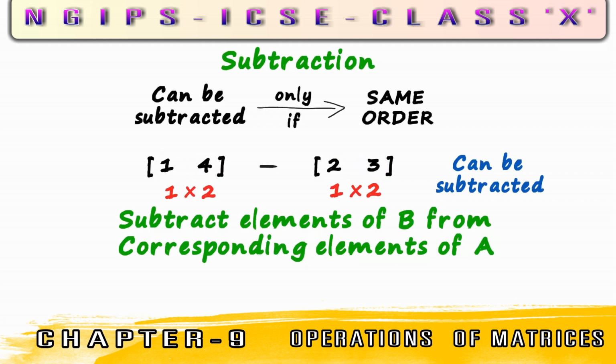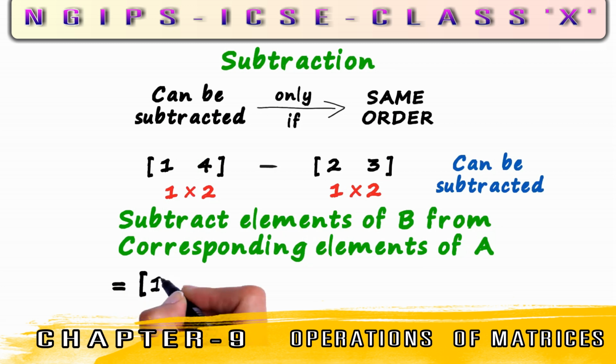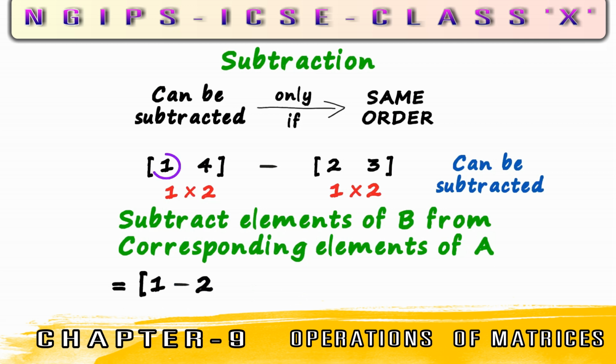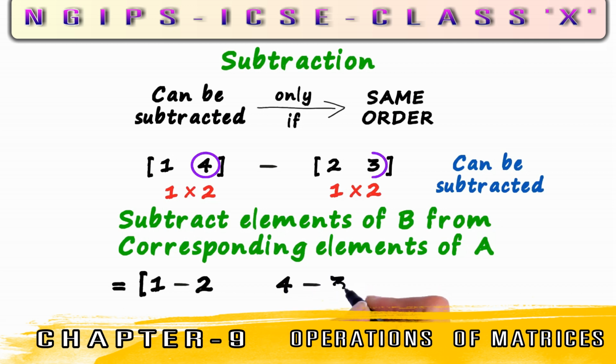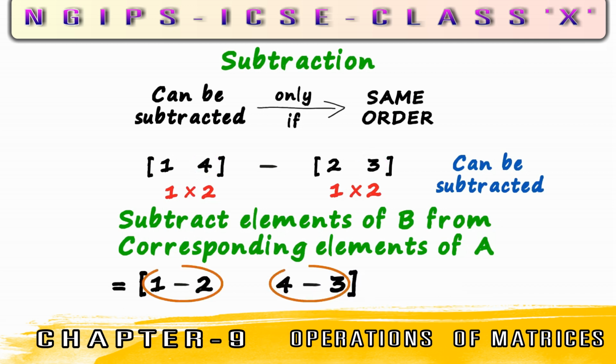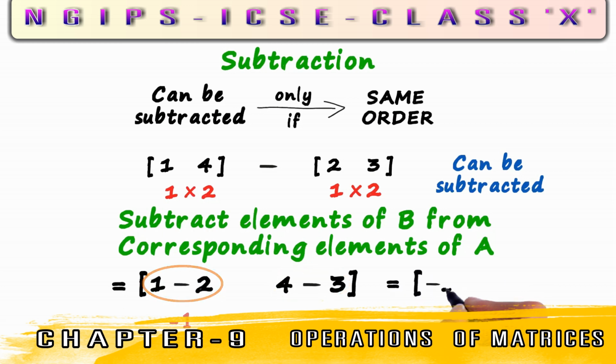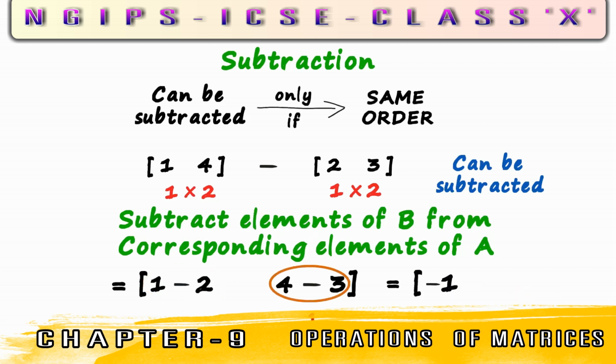What will be the elements of the resultant matrix? The 1 1 element will be 1 minus 2, since the elements of B are subtracted from the corresponding elements of A. The 1 2 element will be 4 minus 3. Now we just find these two elements to get the resultant matrix. 1 minus 2 is minus 1, so we write the 1 1 element as minus 1. 4 minus 3 is 1, which becomes the 1 2 element.